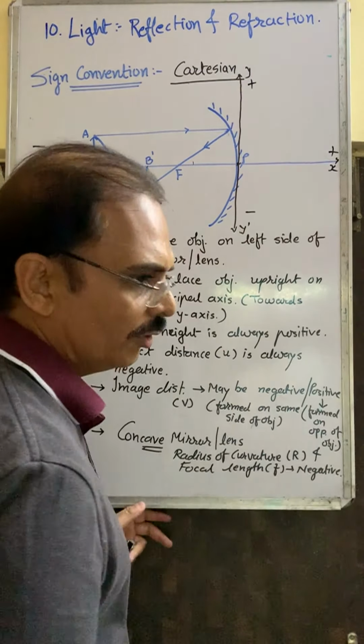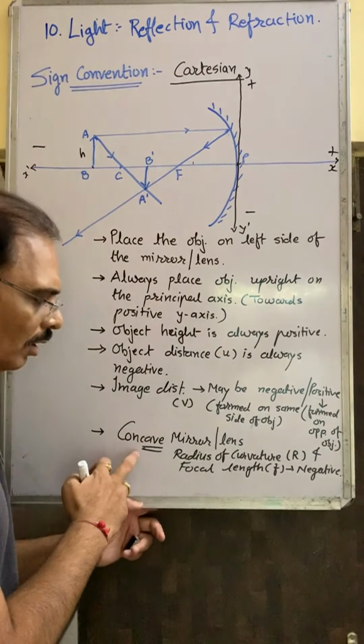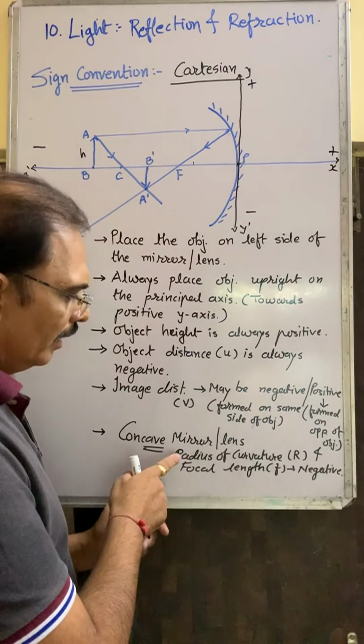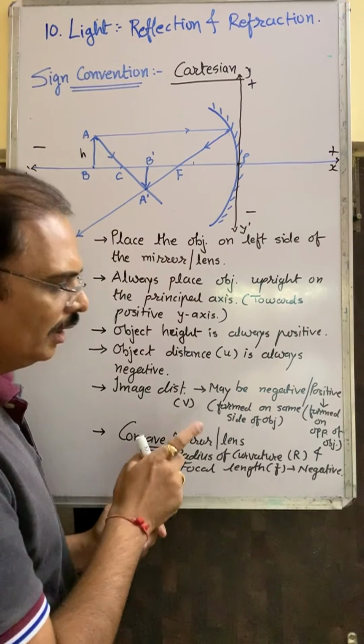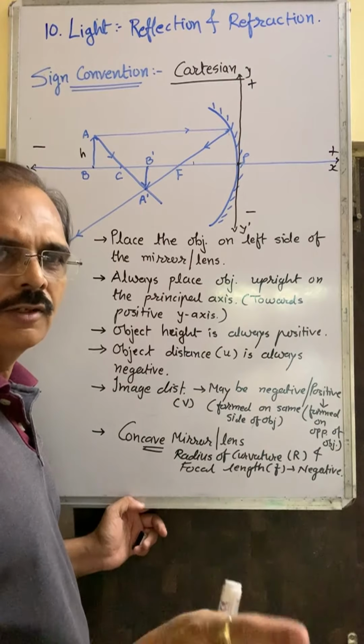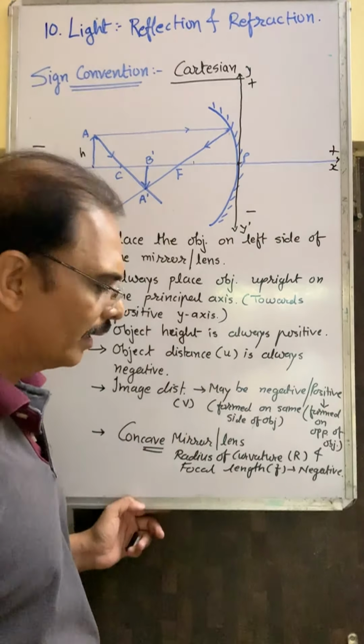Remember, this is important for numericals. For any concave mirror or lens, radius of curvature and focal length are negative. Or remember, if radius of curvature is negative, focal length is always negative.